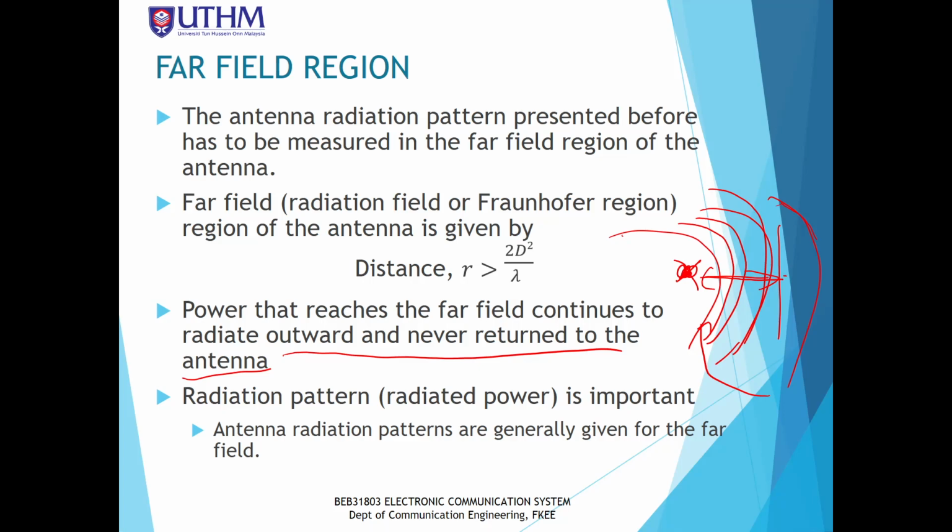Okay. So for the radiation patterns, radiated power is important. Antenna radiation patterns are generally given for the far field region. Okay, biasanya kita menggunakan radiation pattern berdasarkan far field region.